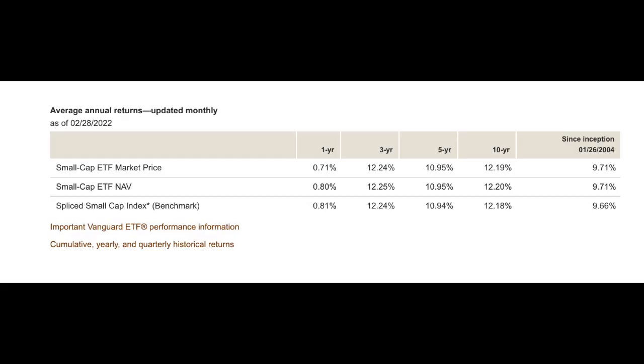So let's also look at historical performance of VB. It's really interesting if we dive into the 1, 3, 5, and 10-year returns, you can see that over 10 years, it was about a 12% return, which is pretty great. And then the 5 year is about 11, the 3 year is 12. But if we jump back just to this last year, the return has been 0.71%.